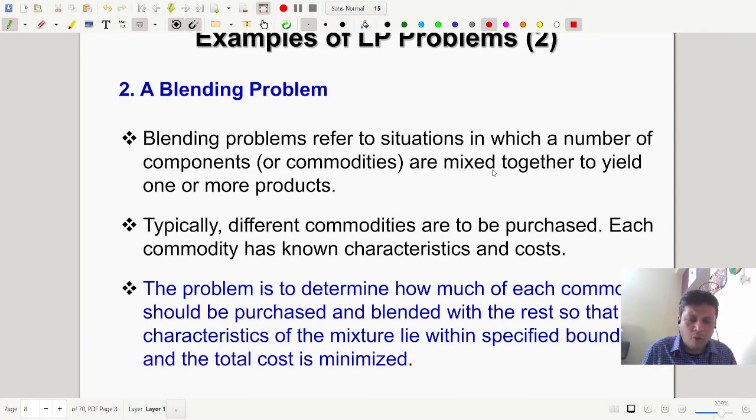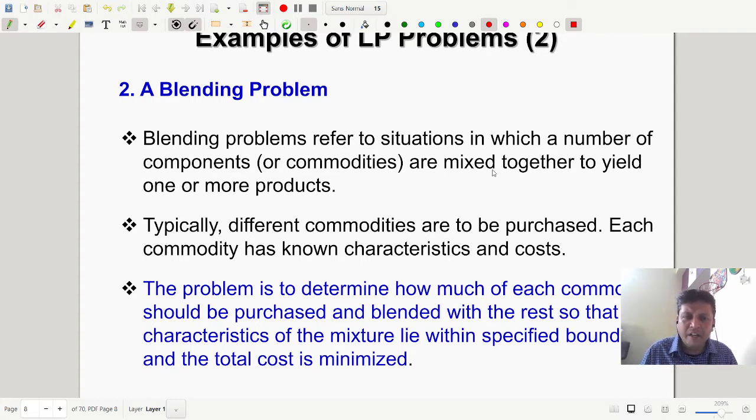They can produce a good amount of steel by mixing iron ore with some mica, maybe some other raw materials or other minerals. They can mix them up, and better quality components or commodities can be produced. So this is this type of blending problem.